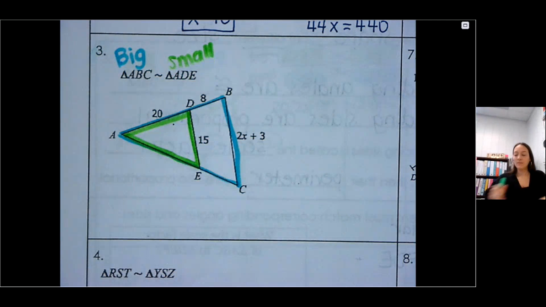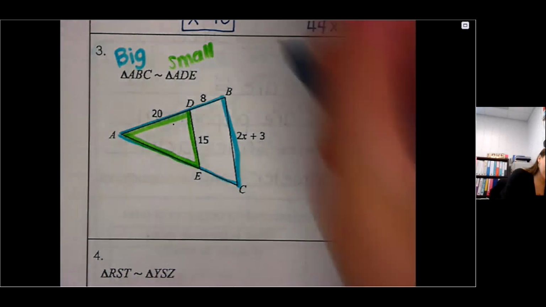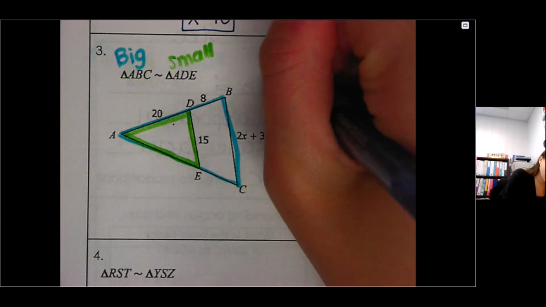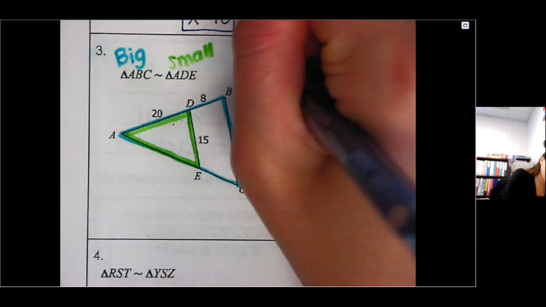Okay, now, when we go to write the proportion, it does not matter if we do small over big or big over small, as long as we keep it the same. So somebody give me one of the numbers there that you see for one of the sidelines. 15, okay, is that the small one or the big one? Okay, so we're gonna do small over big.